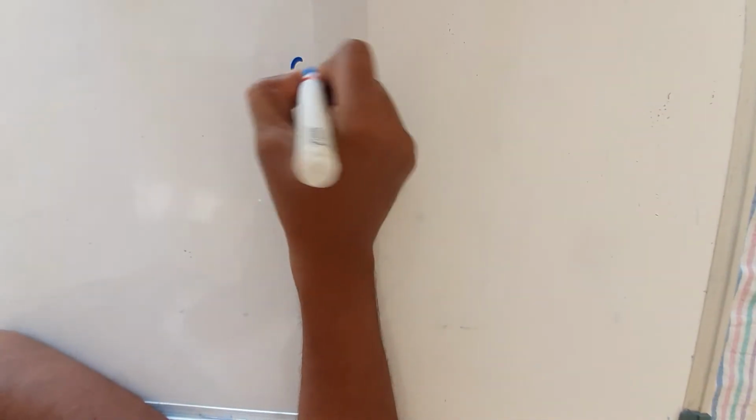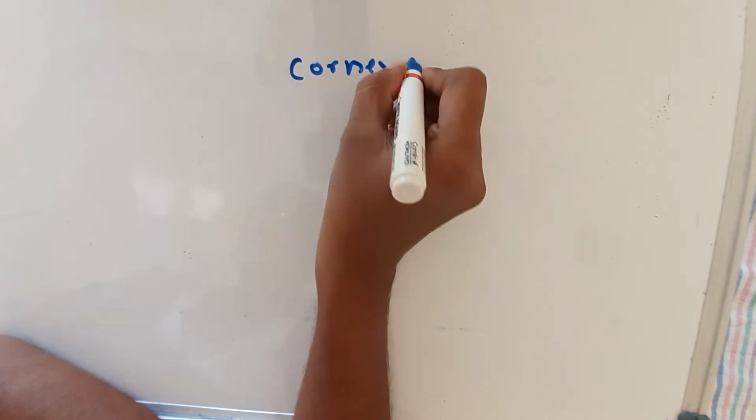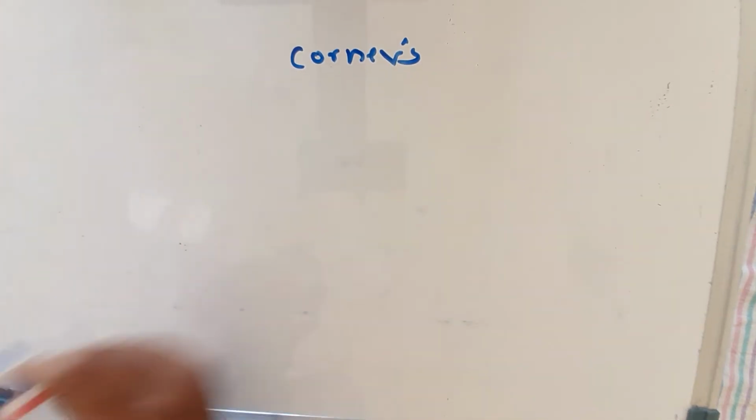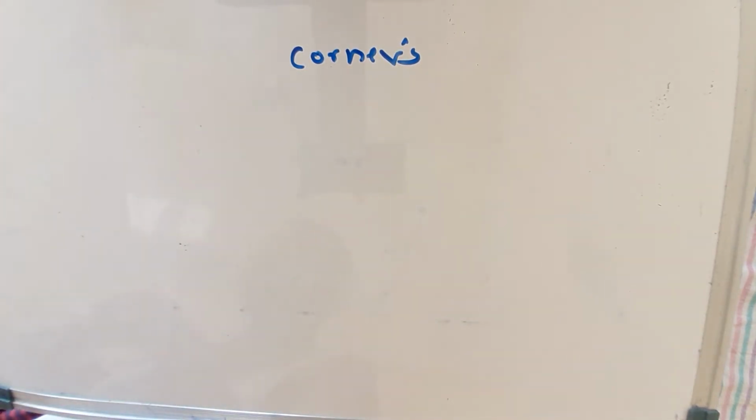So corners, waveguide corners. A corner is used for larger wavelengths or lower frequencies, and it is used instead of bends, because bends are clumsy and inconvenient in nature.